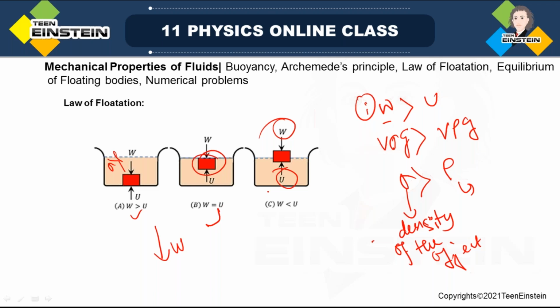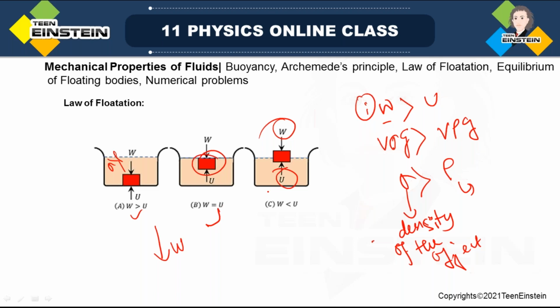I'll just repeat what happens when W is greater than U, that is the first figure. A body sinks in a liquid if its density is greater than the density of the liquid.